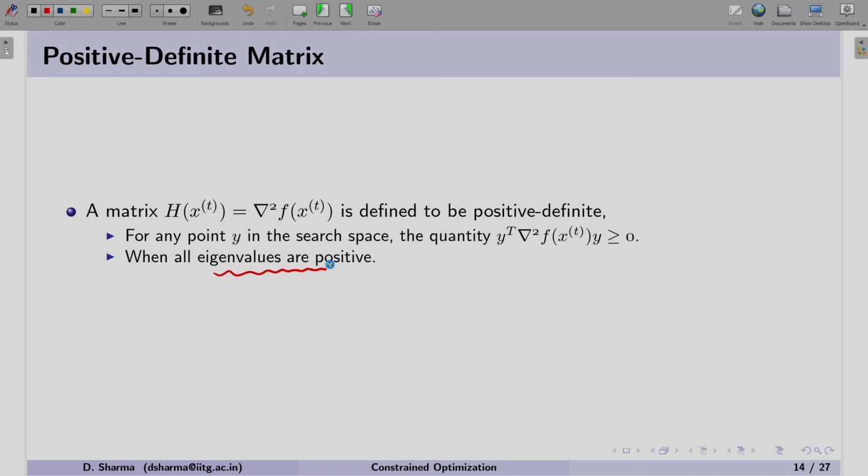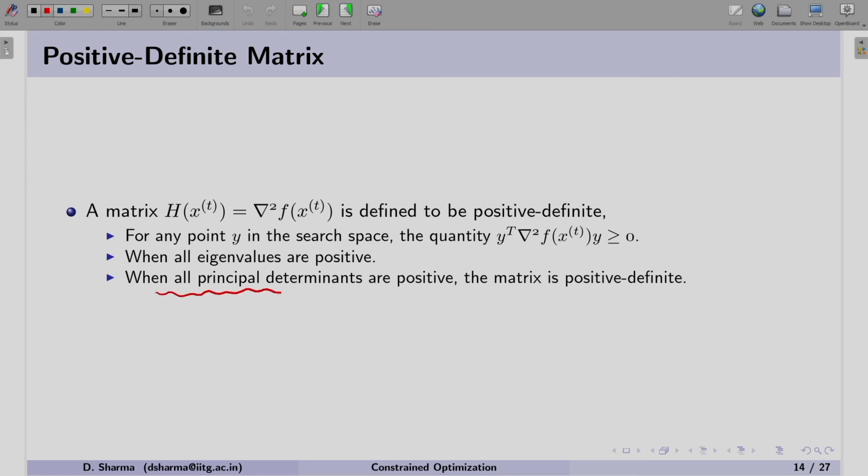Now, what could be the third condition? This is when we find the principal determinants and all of them are positive, then we can say the matrix is positive definite. So, we have 3 ways to identify whether the matrix is positive definite or not. Now, how can I find the negative definite?